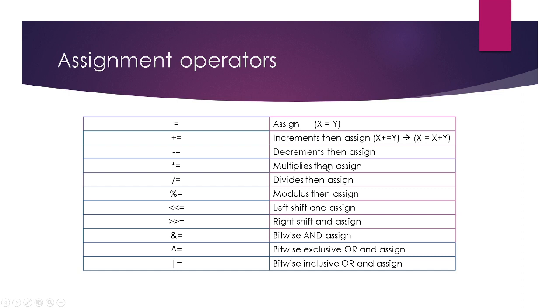Similarly x equals x times y, x equals x divided by y. This is bitwise left shift and assign: we are doing the bitwise shift as well as assigning it again to x. That's what this left shift and assign is. Similarly right shift and assign, bitwise AND and assign, etc.